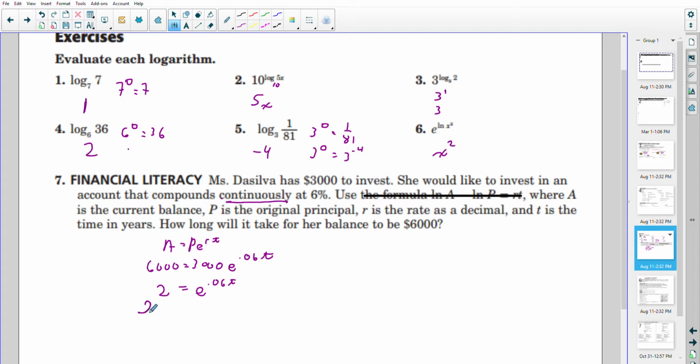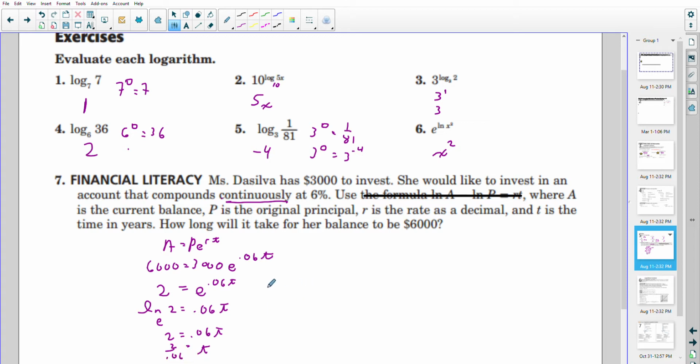So you could say ln, that's the natural log, ln base e of 2 is equal to 0.06t. And therefore, that means that 2 is equal to 0.06t, and t is equal to 2 divided by 0.06.